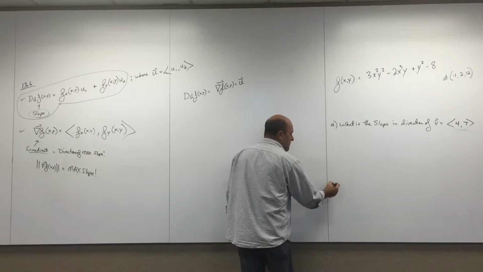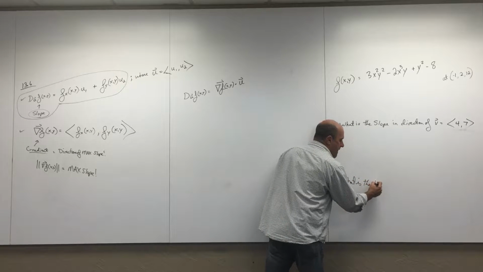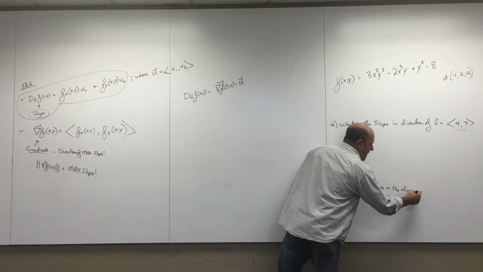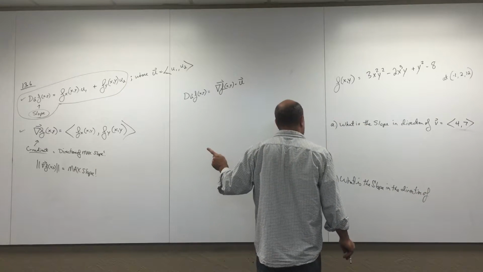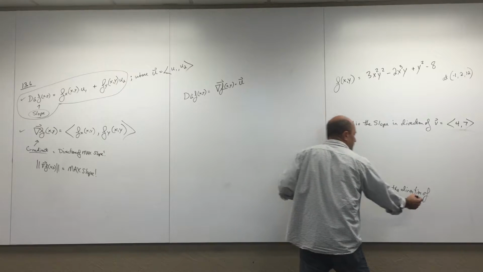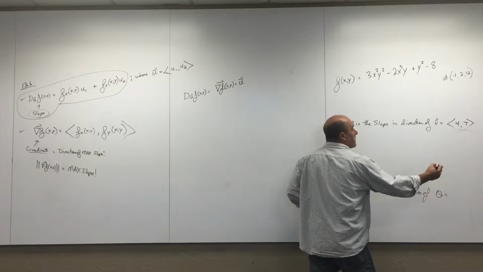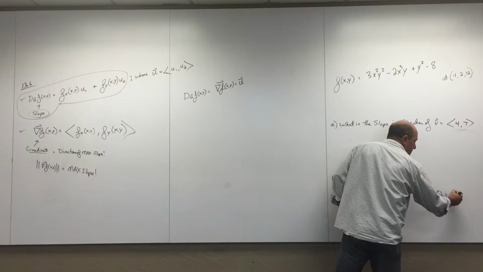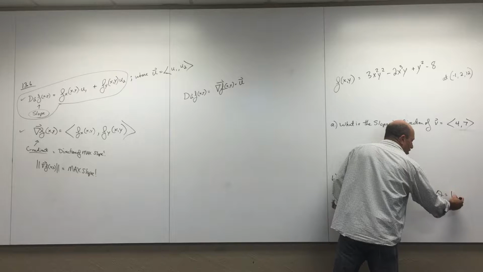Here's another question, part B. What is the slope in the direction of theta equals 150 degrees.